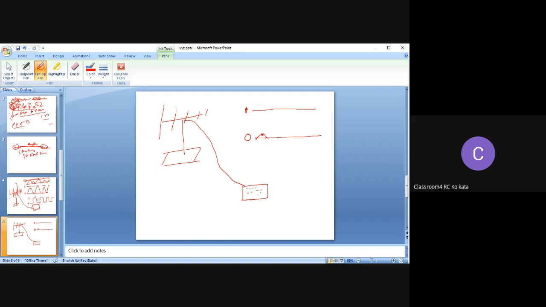Then you move again, and in this position a medium quality picture comes. Then you move again, the picture goes away. Then you move again, a very high quality picture comes. So as you move this antenna, the signal quality changes like that.